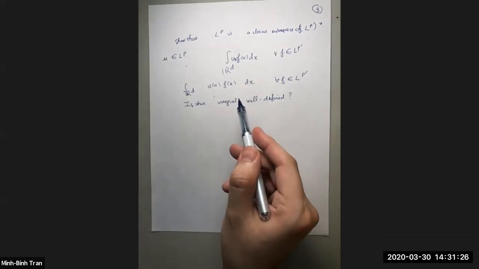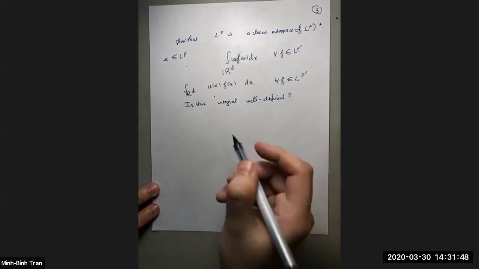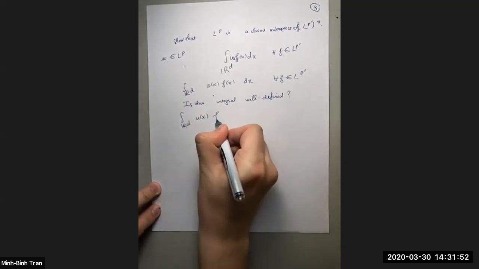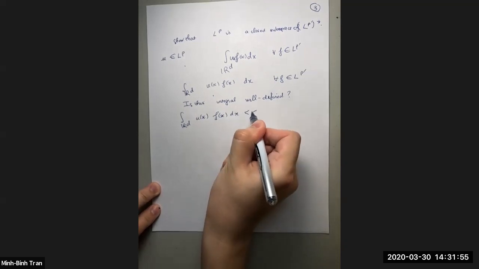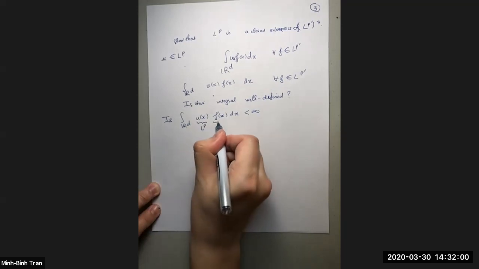Can I multiply u and f, and integrate, and this integral is not infinite? My question is like this: is this integral finite? So u is in L^p and f is in L^p'.